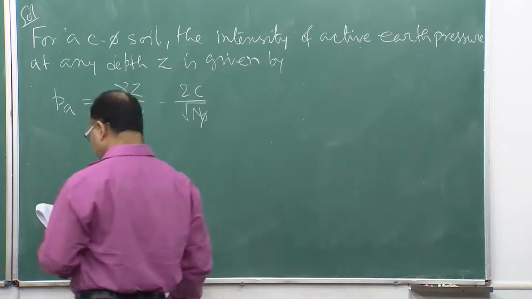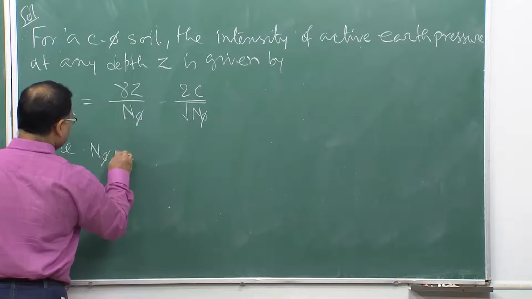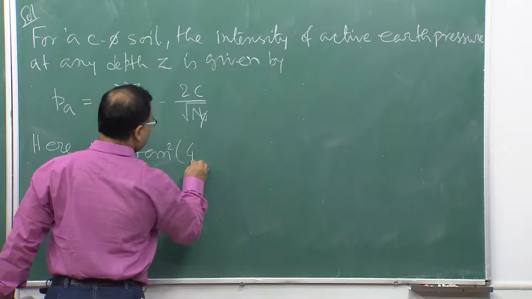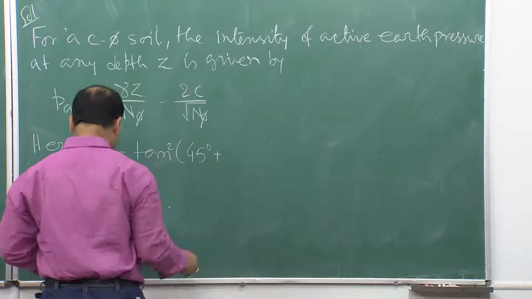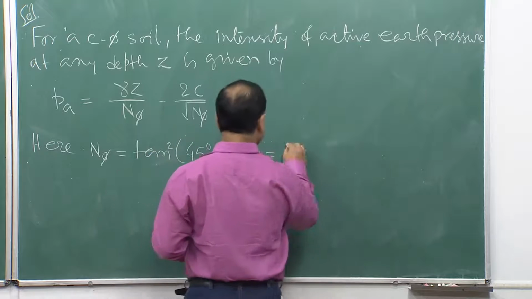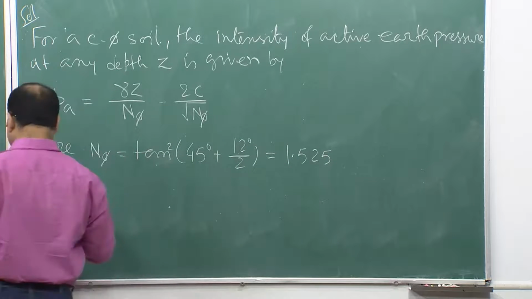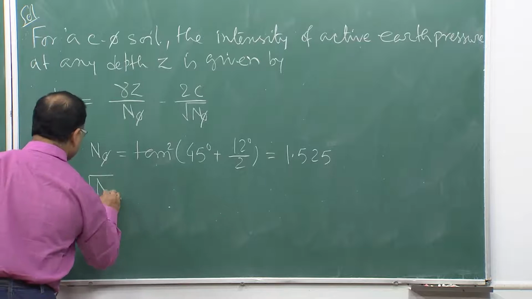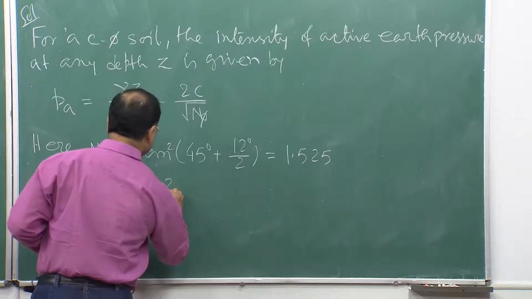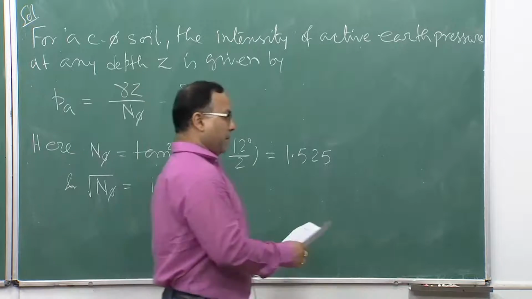So, now here your N phi is nothing but tan square of 45 degree plus phi by 2, which comes as 1.525, and for ready reference, root over N phi is 1.235.